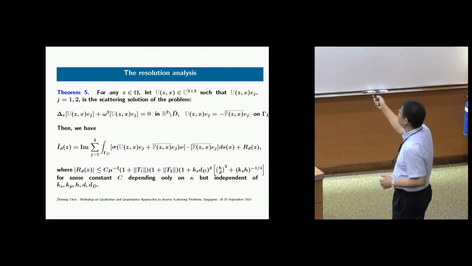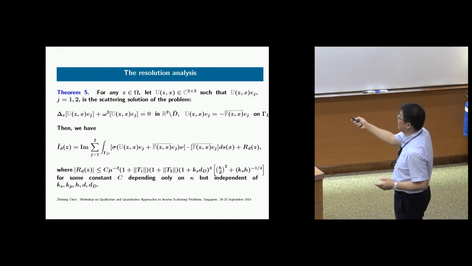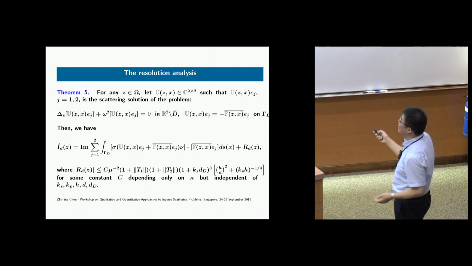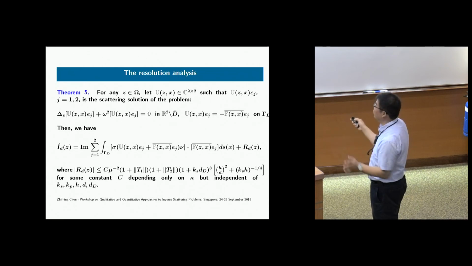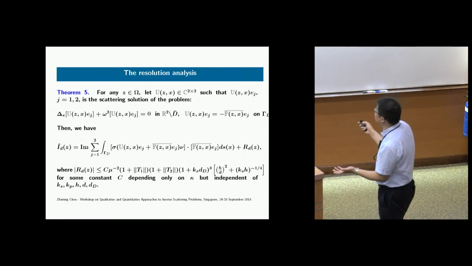So you have this as an incoming wave, and then you have the scattered field. This is the expression from our theorem. In the full aperture case, it's simpler. It becomes this far field, but in the half space you don't have this, and that means we have to explain further what this image is.